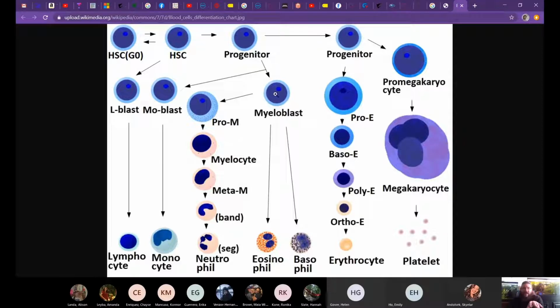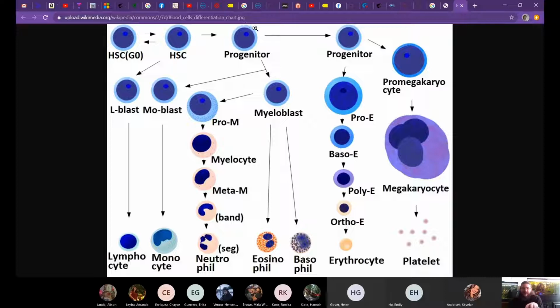And that can become a myeloblast, an MO blast, or a pro-M blast, getting you a monocyte, a type of white blood cell, a neutrophil, a type of white blood cell, or eosinophils and basophils, which are types of white blood cells. So this differentiation pathway gets you 4 different kinds of white blood cells, all from the hematopoietic stem cell.